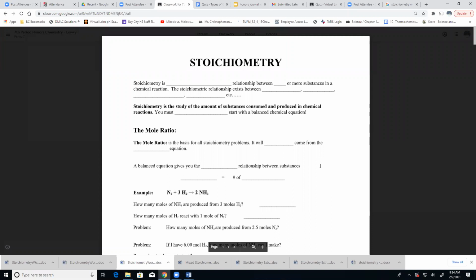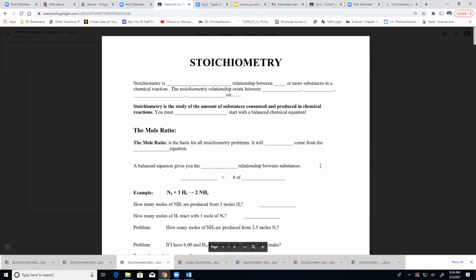This stoichiometry relationship exists between moles, grams, volume, and atoms. And we're going to be mainly using moles and grams at this point.